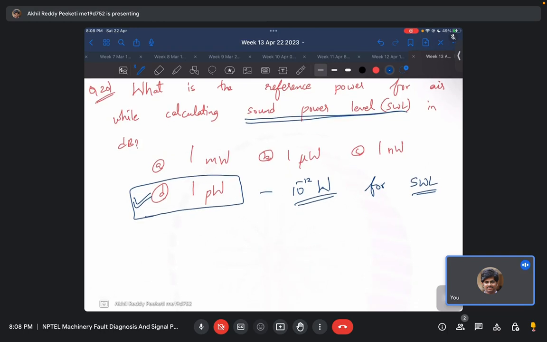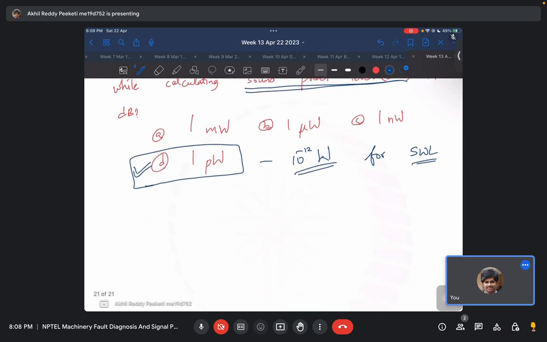For sound pressure level, SPL, the reference used is 20 micropascals. For sound power level, the reference is 1 picowatt or 10 power minus 12 watt.